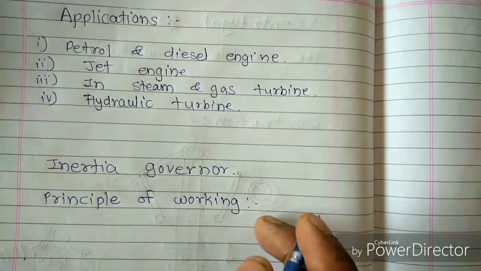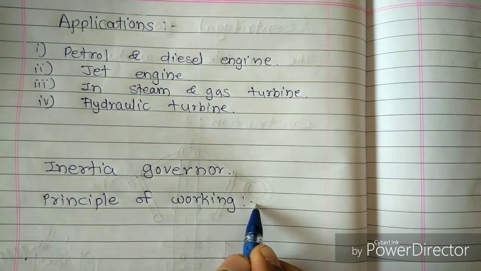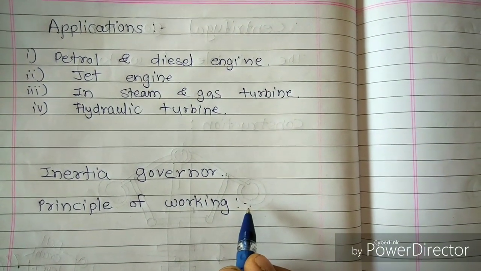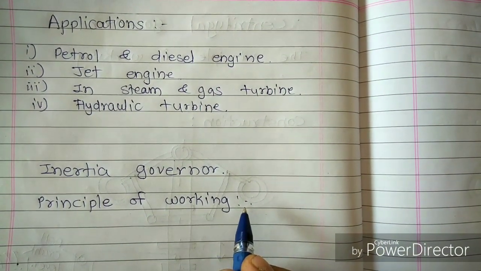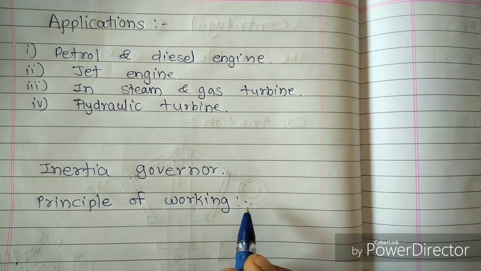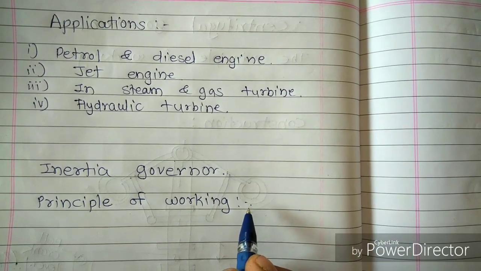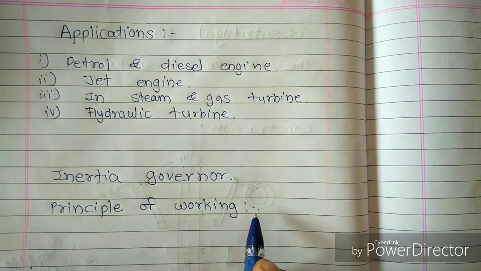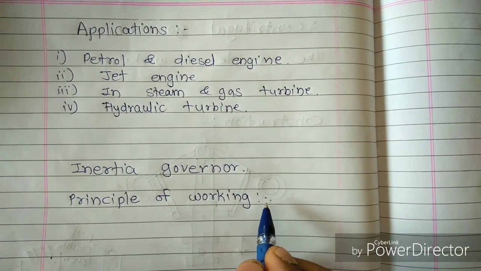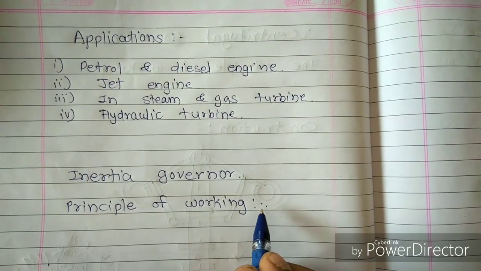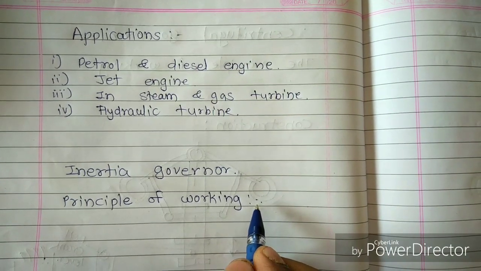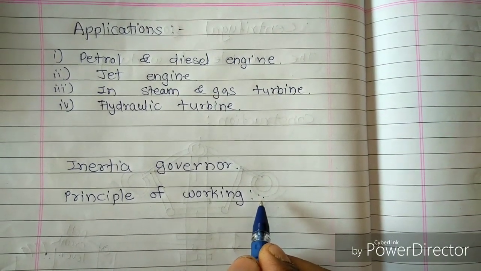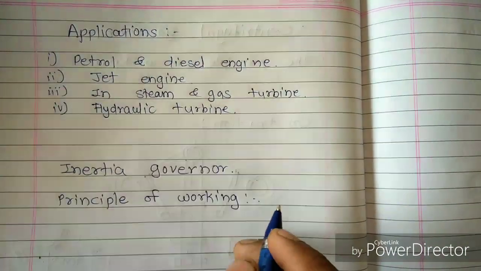The inertia governor works on the principle that when the speed of a body having mass increases or decreases, then the body offers resistance to variation in the speed, and this is called inertia, which causes the body to lag or lead behind the flywheel.